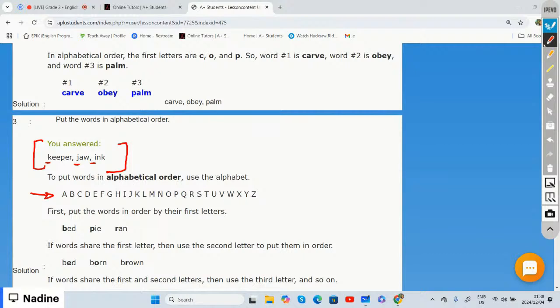All right. And if we were to put it in order, look at the alphabet, right?